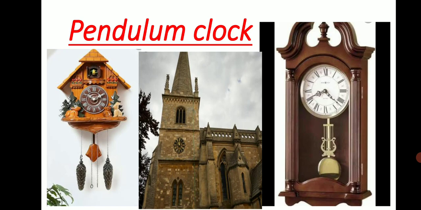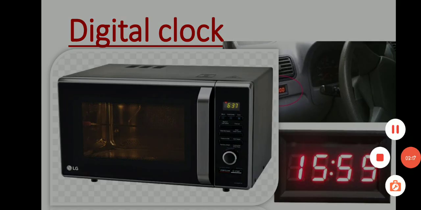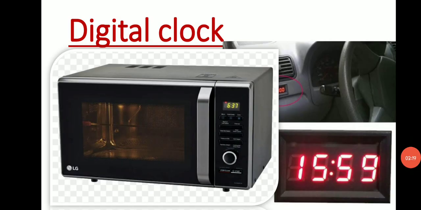This is one type of clock that we have, and the next type of clock is the digital clock. In the digital clock, the time is displayed in digits. Nowadays, we have many clocks and watches that do not have the traditional hour, minute, and second hands.